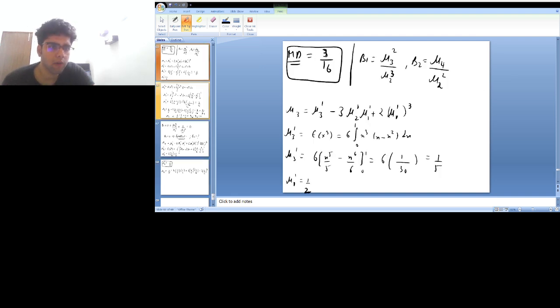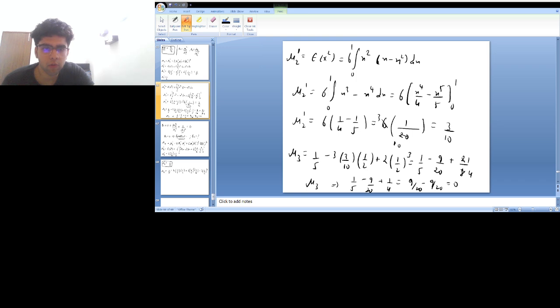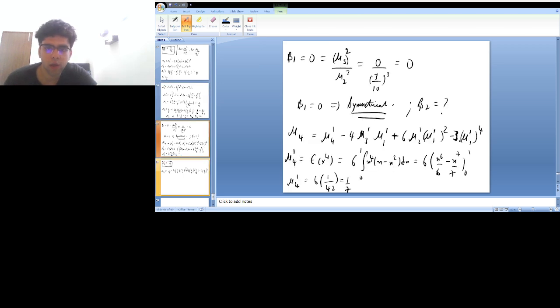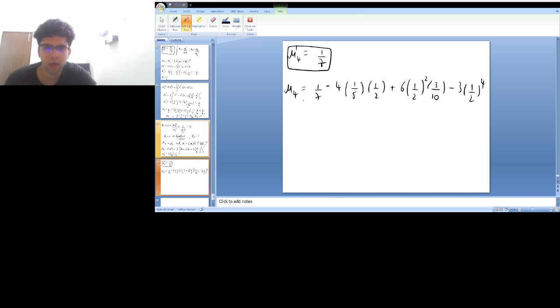I'm just seeing the formula from the previous slide, I'm just not opening it here. What was 1 by 5 here? Yes, this was 1 by 5, right? This is my formula. I have written this correctly, yes.